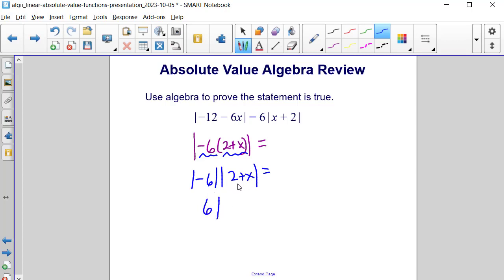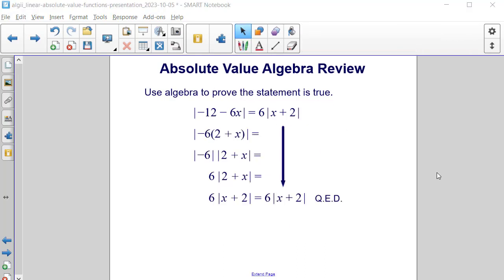And then, again, by the commutative property, we can switch around the 2 plus x to become x plus 2. And that is exactly what we needed to get to. And here's the solution, and it does indeed prove that the absolute value of the quantity -12 minus 6x is equal to 6 times the absolute value of the quantity x plus 2, as we had found when we worked through it.